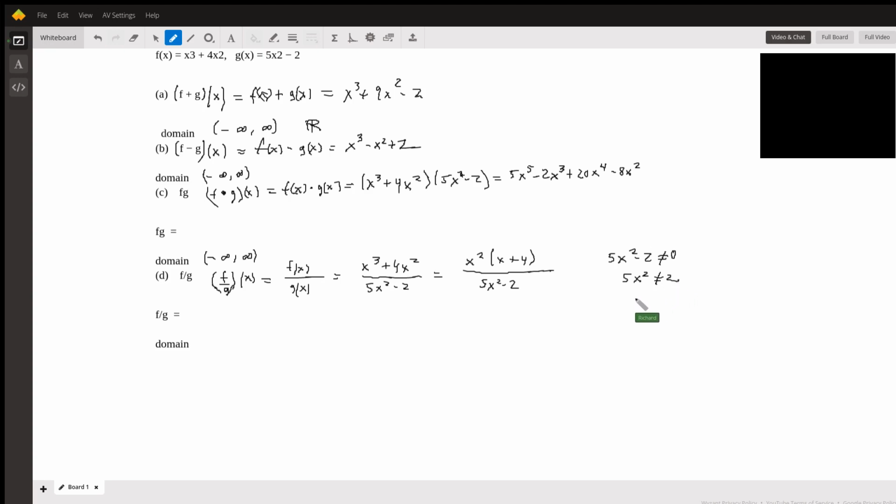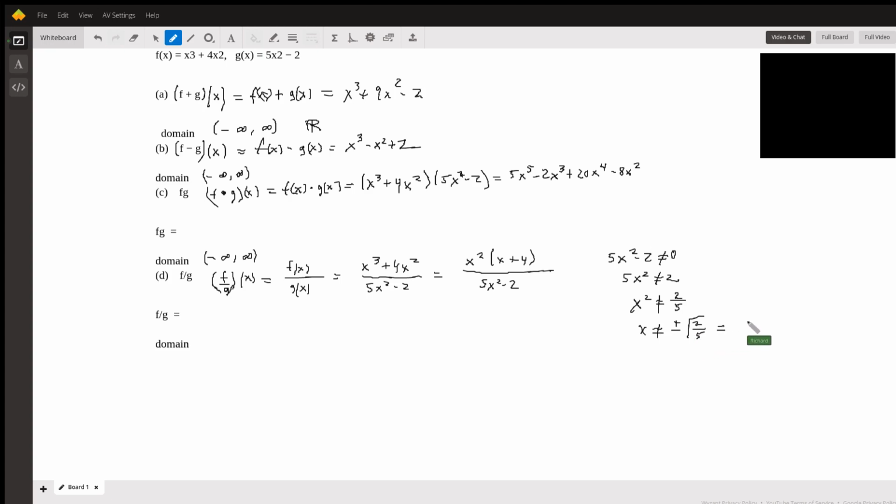And that means that x squared cannot be 2 over 5. And then that means x itself cannot be plus or minus square root of 2 over 5.